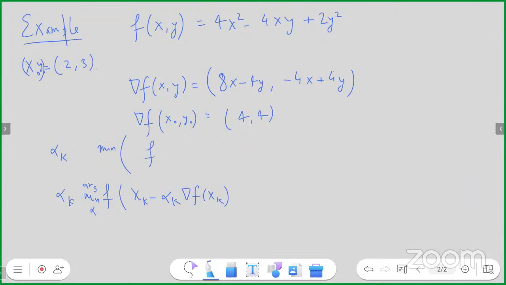Minimize f of 2, 3 minus, let's call it alpha for the moment, times 4, 4. That's what this will be. Which is nothing but minimize with respect to alpha f of 2 minus 4 alpha, comma 3 minus 4 alpha.